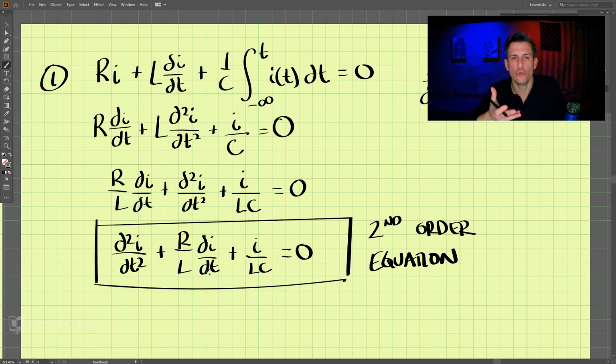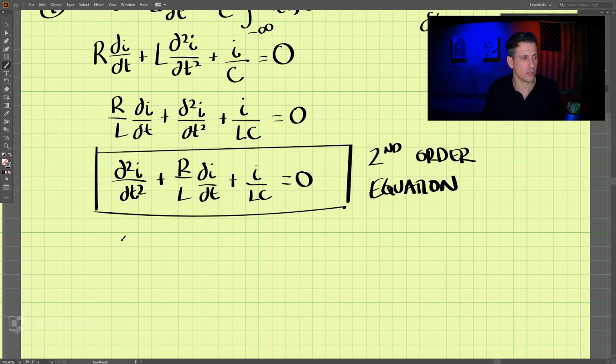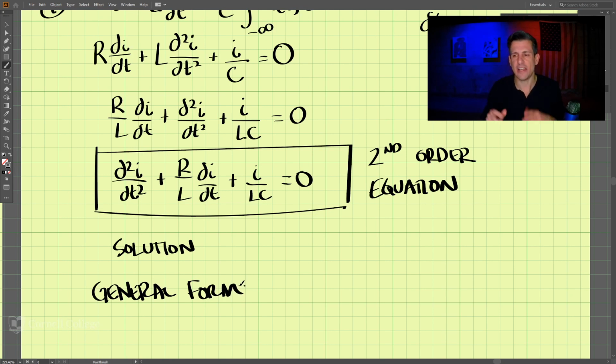And we can't use traditional methods to solve this. We need to take a glimpse into this equation to be able to solve it multiple ways. So we must look at the solution, and the solution to this equation is going to take a general form. And so this is what it's going to look like.